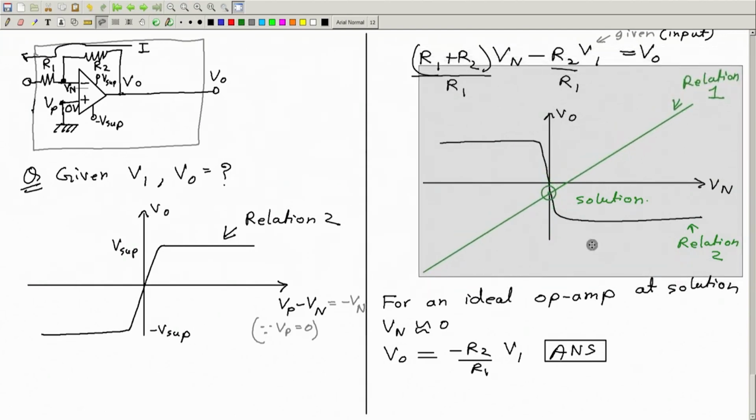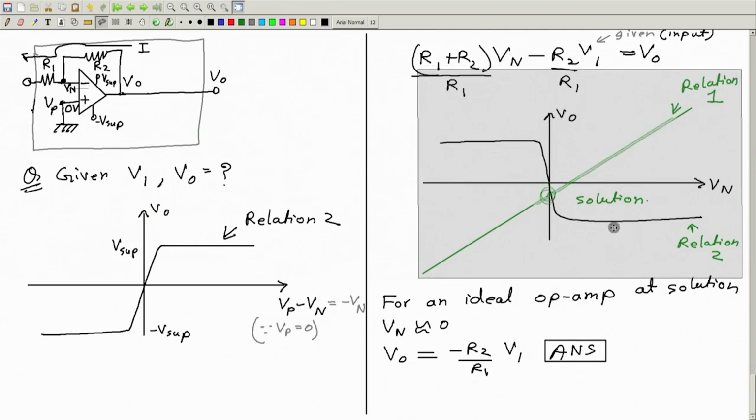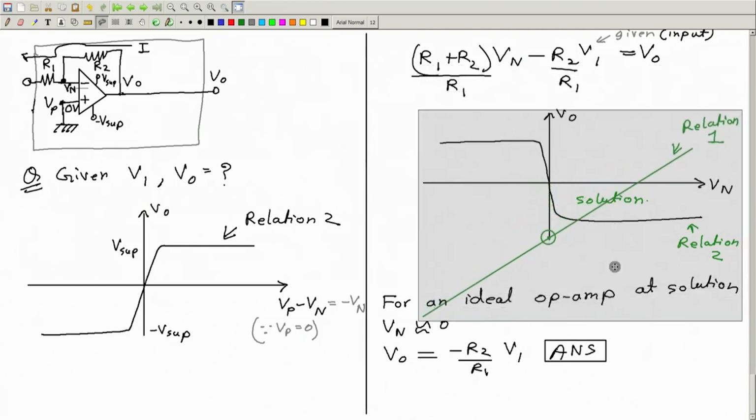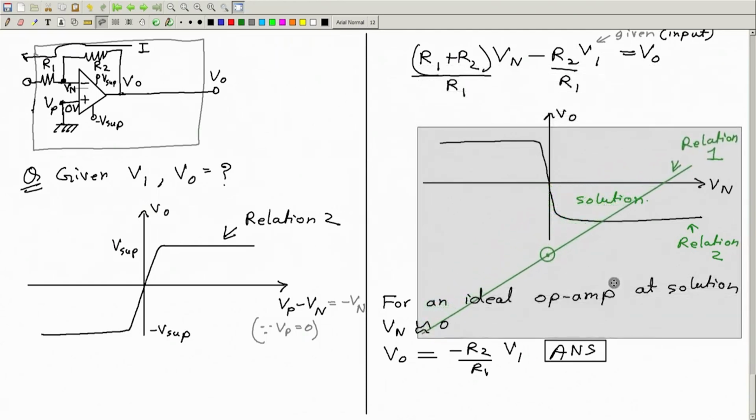Now say if V1 is too much high, then this will be too much negative, so this will go down like this, and then the solution won't be here, the solution will be here in the saturation region, and then Vn will not be equal to 0, and output will be minus V sub.